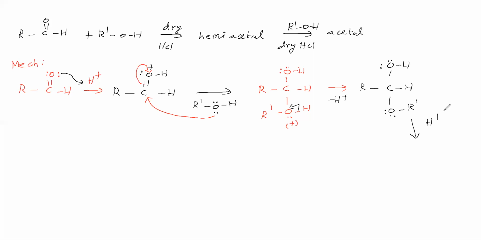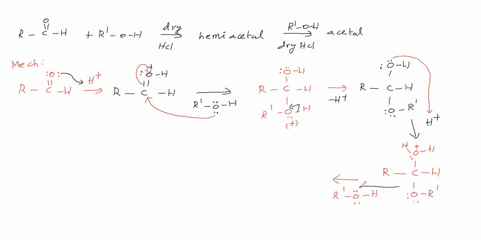Next step, H plus attacks this hemiacetal. This lone pair attacks this H plus, so we get RCH with OR dash. This oxygen has two lone pairs, this is OH, and another H comes, giving a positive charge. Next, this is attacked by alcohol.